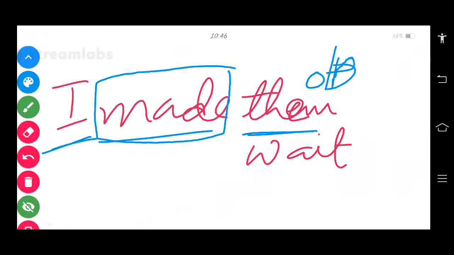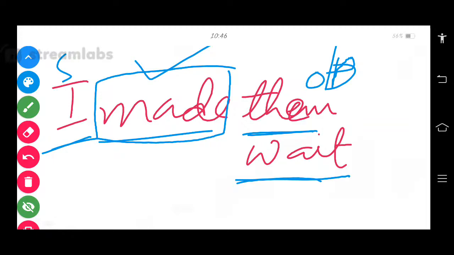Here wait is a non-finite verb, and it is a direct infinitive. So that is what we have to understand about this kind of verbs list. When certain verbs are used in the place of non-finite verbs, the verb must be a bare infinitive.